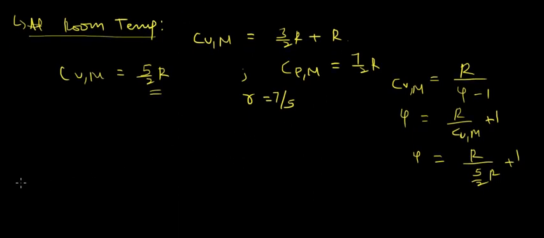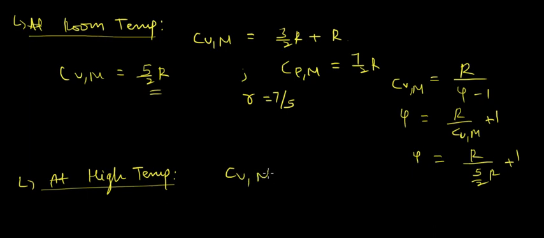And at high temperature we can write that CVM would be equal to 3 by 2R plus R plus R. Why?